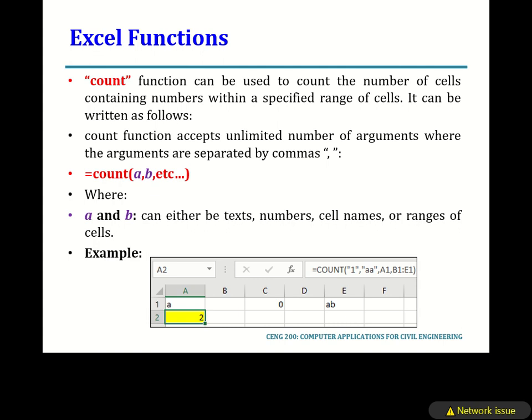Clear? The main idea of the count function is you write count, bracket, you select cells. 1, 2, 3, 10, 100, 10,000, as many cells as you want. And from all those cells, Excel will count how many of them have a number. Simple? So if I select 10,000 cells, and out of them 50 have a number, the answer will be 50.